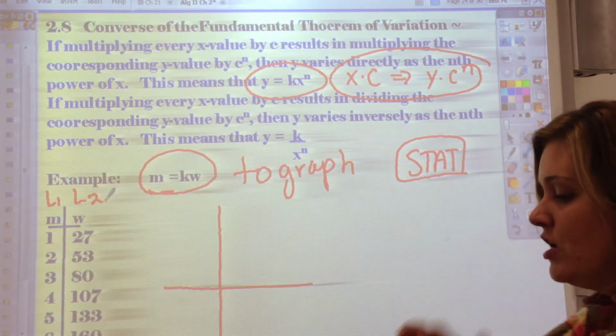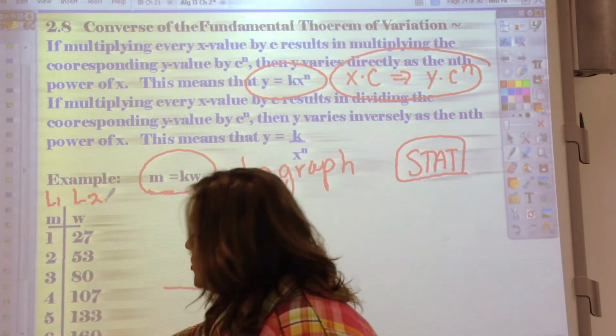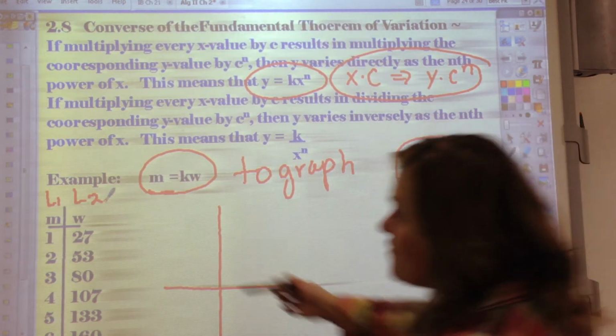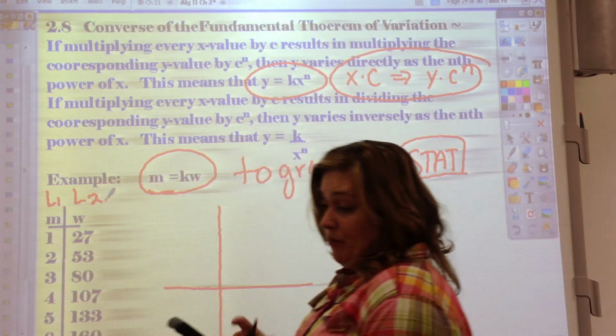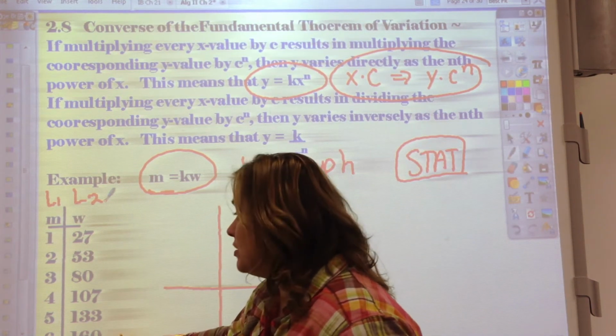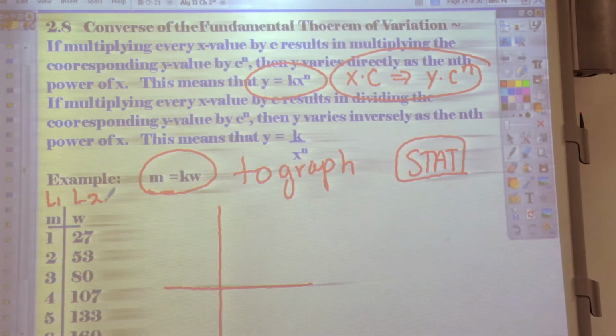And now you need to change your window so that you can see this graph. I'll make my x min a -1 and my x max about 10. That'll allow me to see all 6 points. For my y value, I'll make my y minimum 0 and my y maximum, how about 165? That way I can see all points.